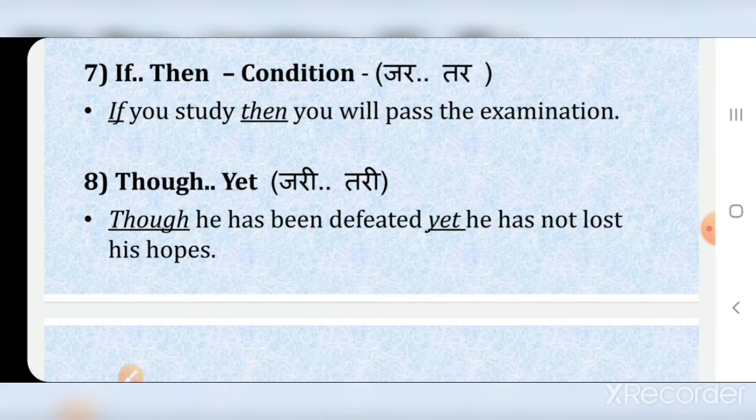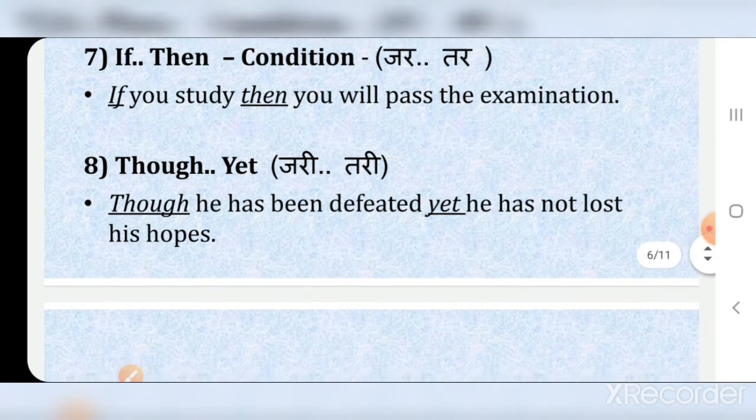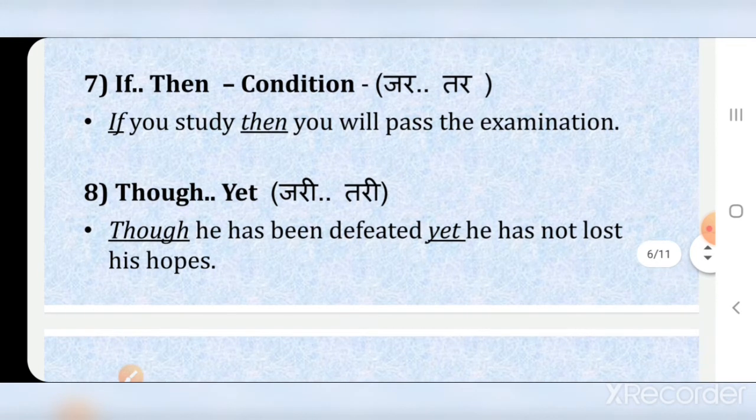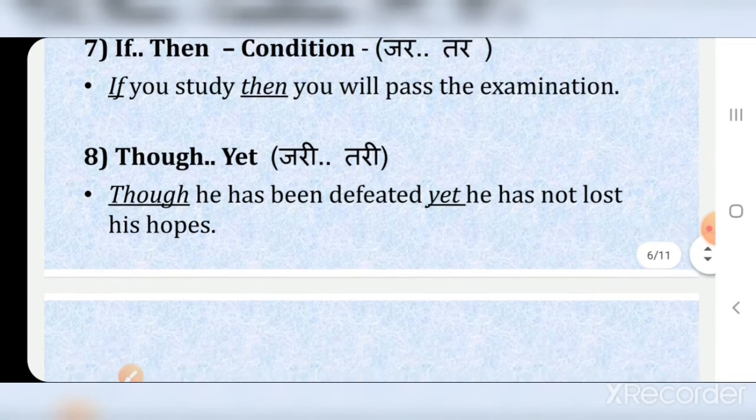Now next one is though yet. It has contradiction. Whenever contradictory scenarios are there, we use though yet. That means, when there are contradictory situations, विरोधाभासी प्रसंग, that time we use though yet.